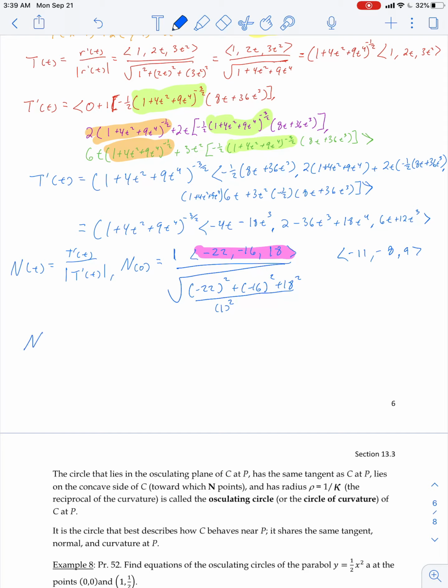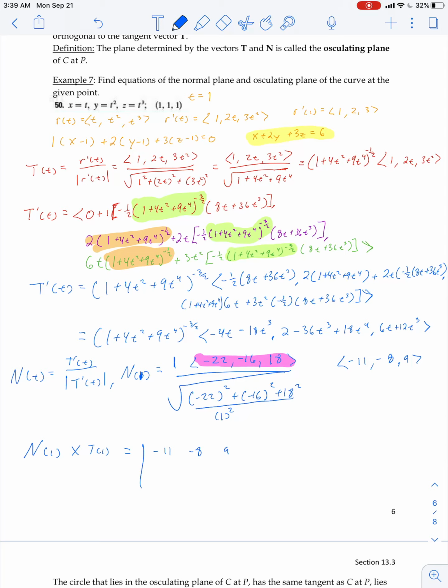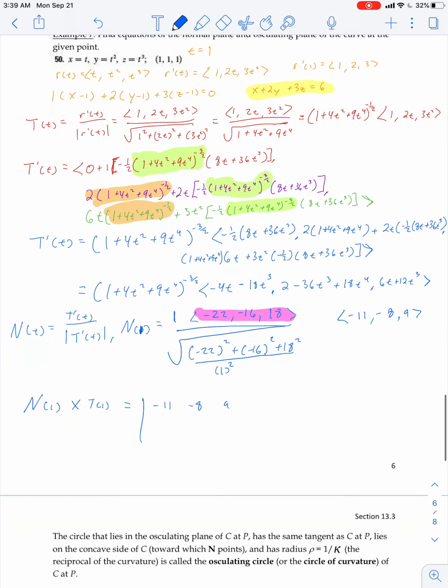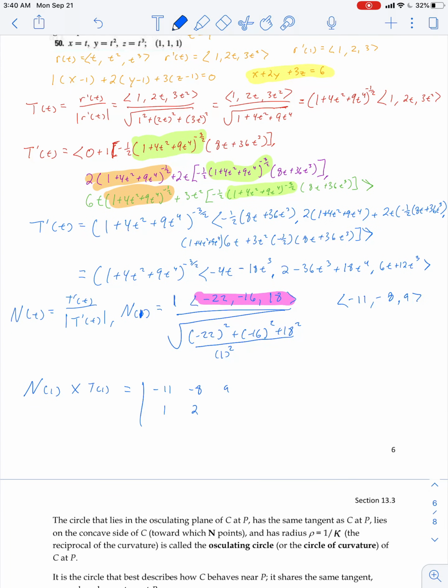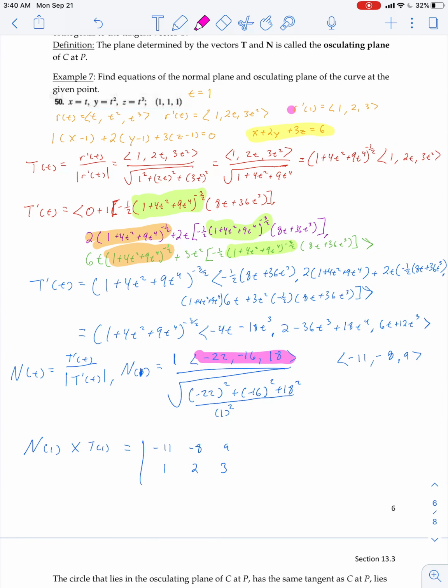So now, what I'm going to go ahead and do is multiply my n of 1, and that should say 1, not 0, times my tangent of 1, and I'm going to be getting negative 11, negative 8, and 9 times the tangent vector, which was 1, 2, which I can just use as 1, 2, 3.